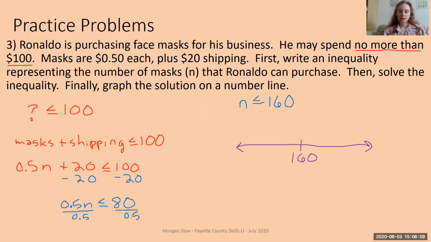It's a less than or equal to sign, so we know we're going to have a filled in dot here. And then the number of masks can go up to 160, right? Less than or equal to 160. Can't go over. So it's any number less than 160, so my arrow will point to the left. All right, and we are all finished.